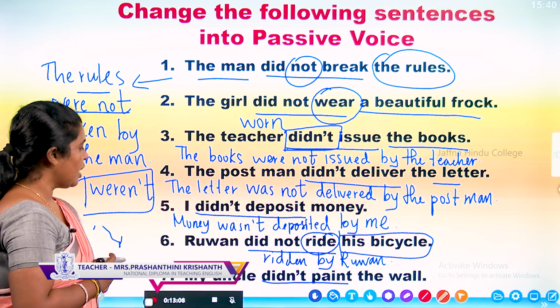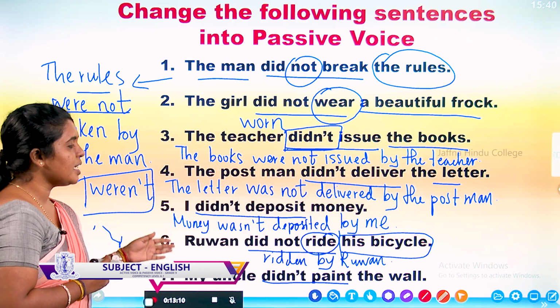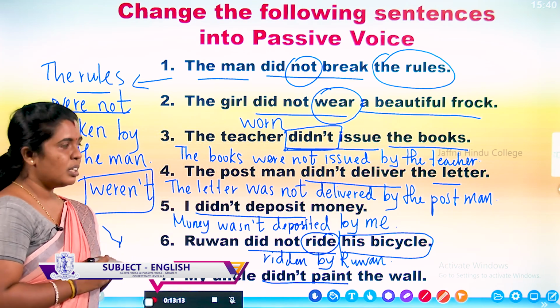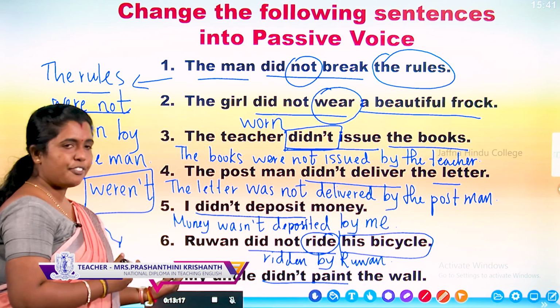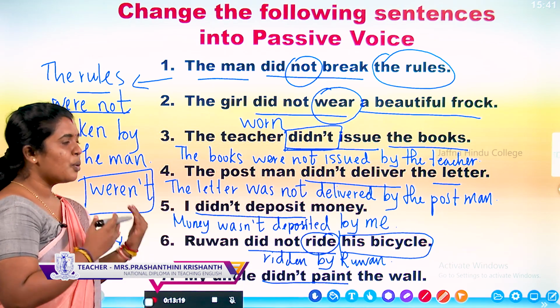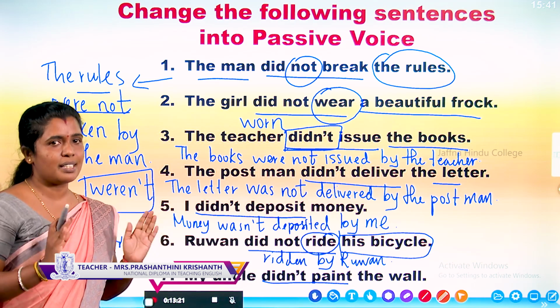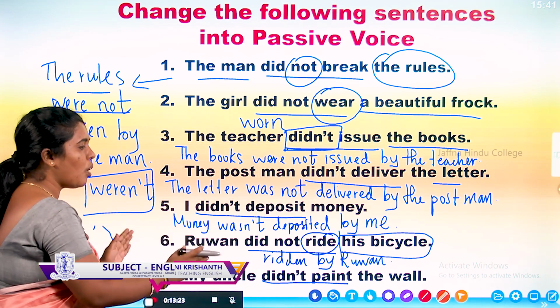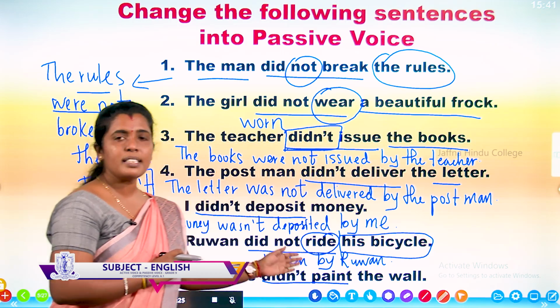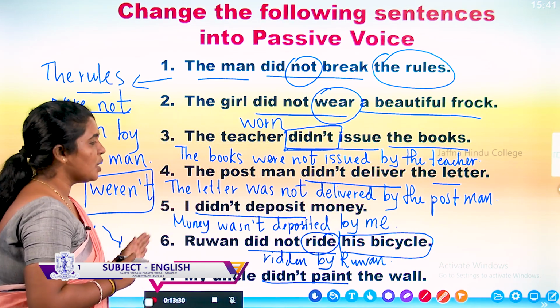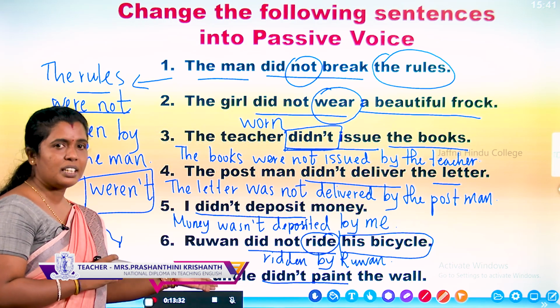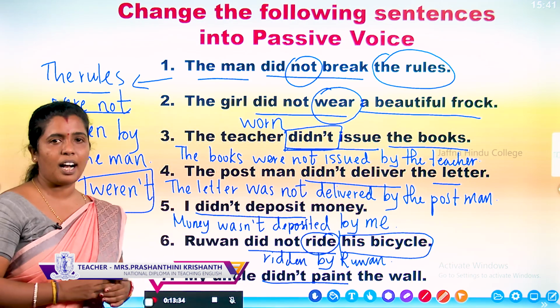See the last question. My uncle didn't paint the wall. What is the object here? The wall is the object. You have to take it first. The wall. Was or were? Was is the correct helping verb. So the wall wasn't. What is the past participle form of paint? Painted. So the wall wasn't painted by my uncle.